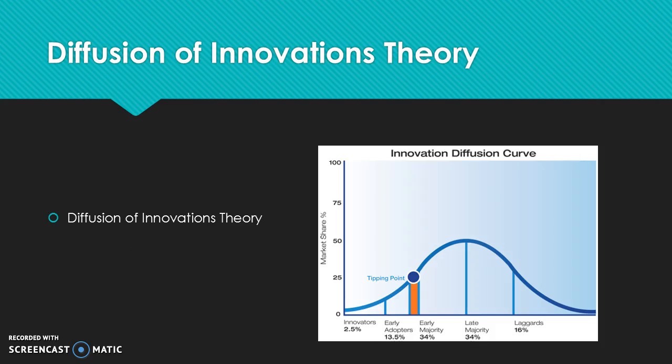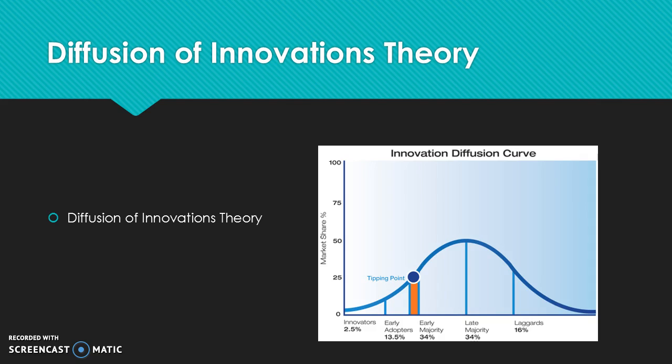So let's go on to the diffusion of innovations theory. This is a theory that discusses how new ideas are spread throughout a society. So whenever something new comes out, let's take, for example, the cell phone.